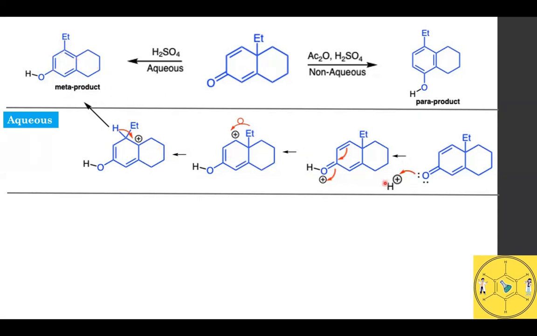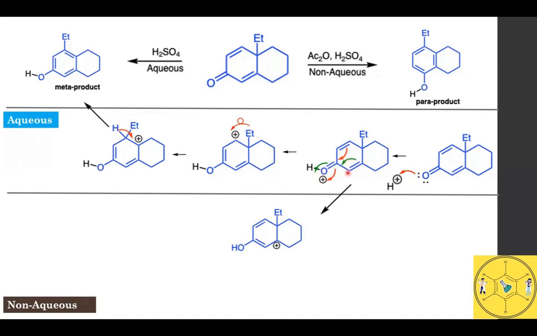When you run the same reaction under non-aqueous conditions, the first two steps are mostly similar. After the second step, here you see this electron shifted towards here, and this electron shifted towards the oxygen. These are the green arrows.